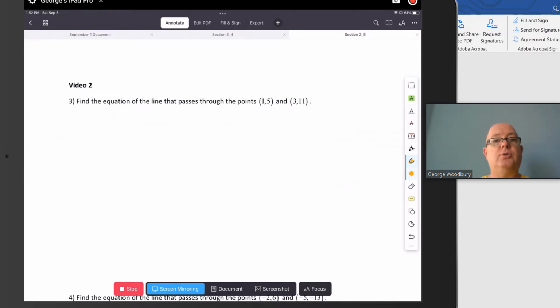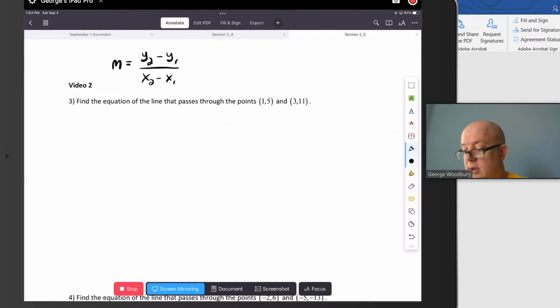No matter which route you go, the first thing that we need to do is figure out the slope of the line. So we're going to use the slope formula, m equals y sub 2 minus y sub 1 all over x sub 2 minus x sub 1. Here, the two points are 1, 5, that's my x1, y1, and 3, 11, that's x sub 2, y sub 2.